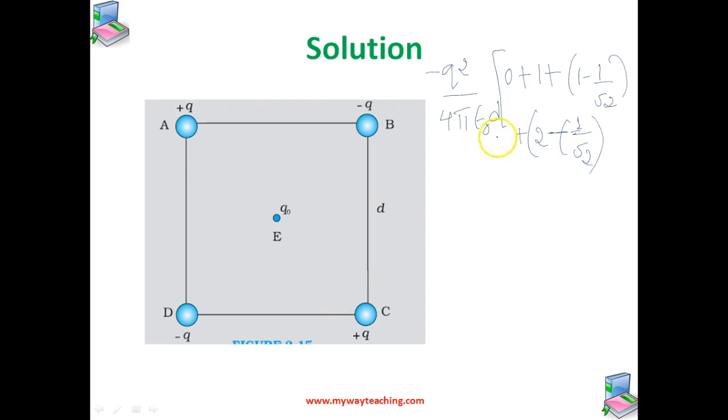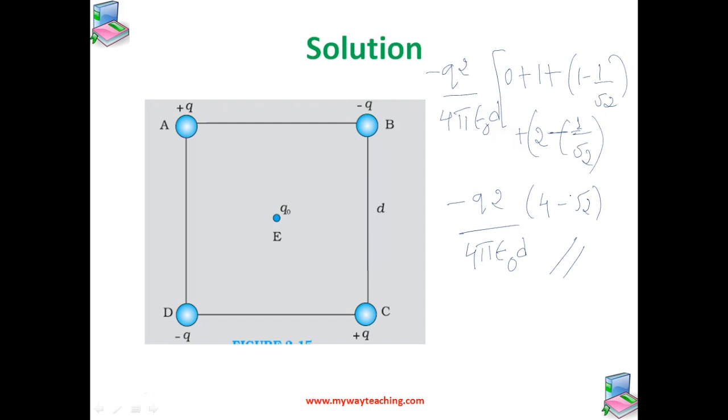And if you simplify this, the total work done is given by this. The work done depends only on the arrangement of charges and not how they are assembled. So by definition, this is the total electrostatic energy of the charges.